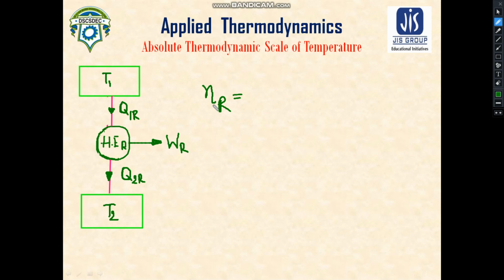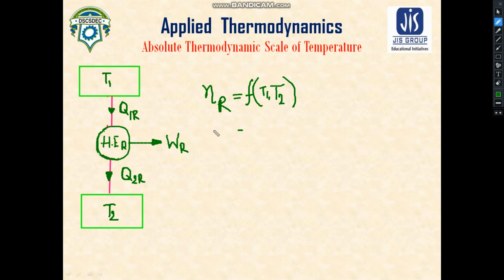So we can write that the efficiency of a reversible engine is a function of T1, the temperature of the source, and T2, the temperature of the sink, or in other words the temperature of heat rejection. So you can understand easily that these are the two temperatures on which the efficiency depends.